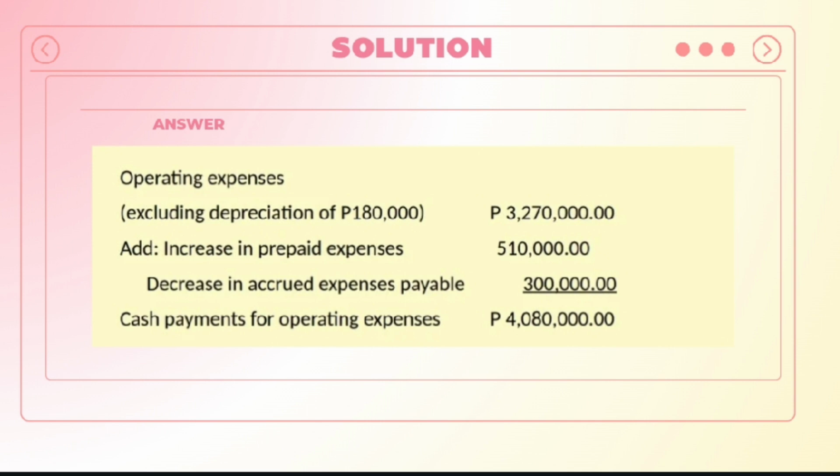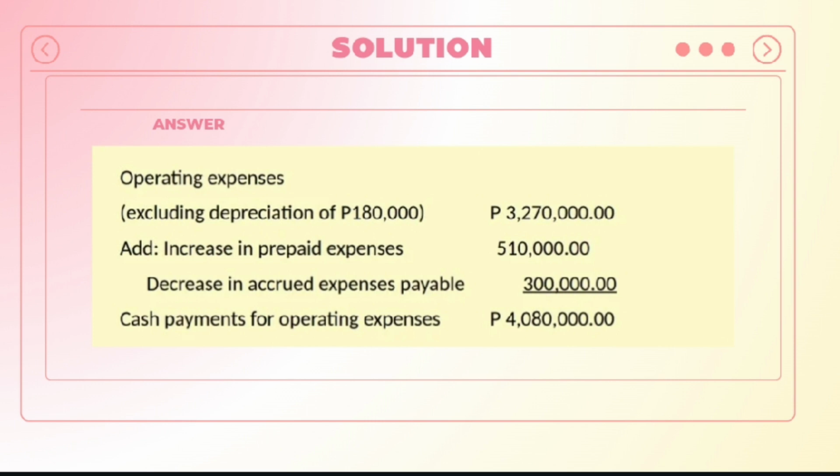Add the increase in prepaid expense, which is 510,000. Number 3, consider changes in accrued expenses payable. If there's a decrease in accrued expense payable, it means the company paid off some of its outstanding expenses. Then add the decrease in accrued expense payable, which is 300,000.